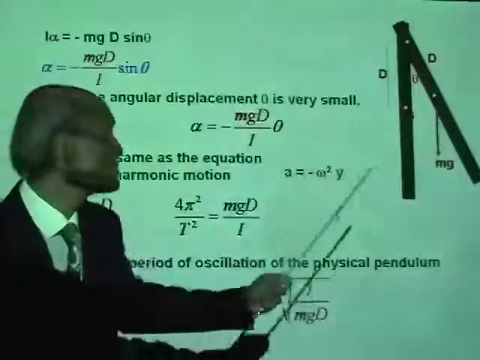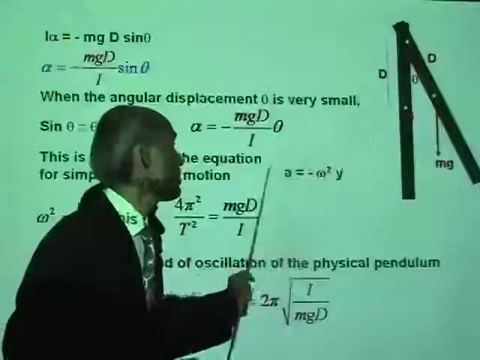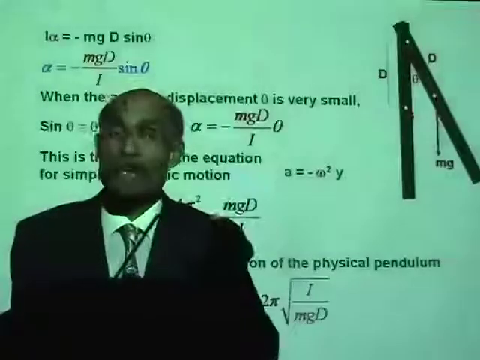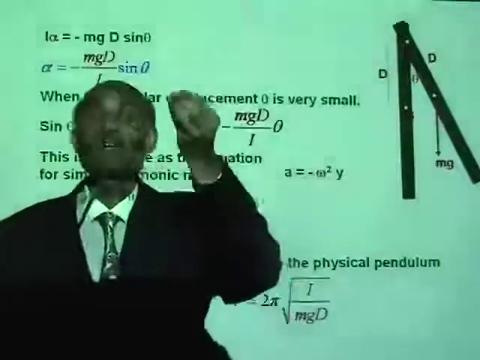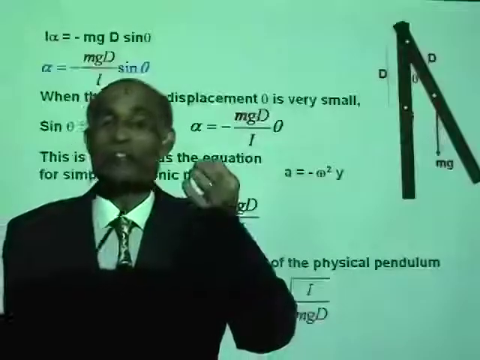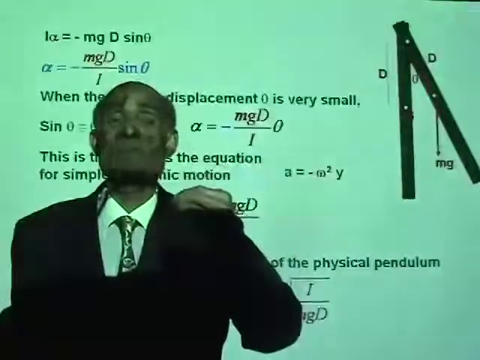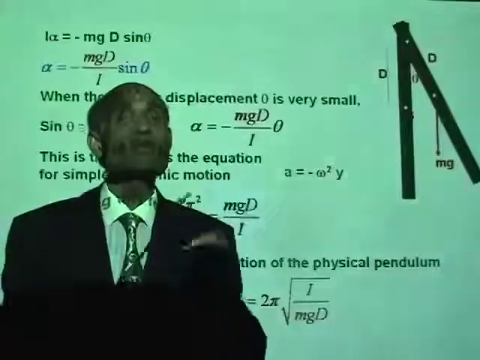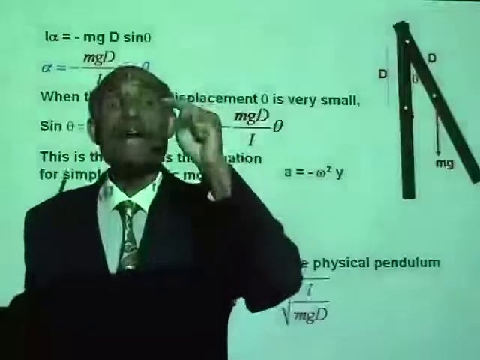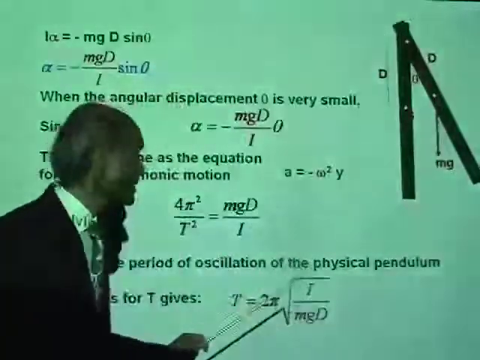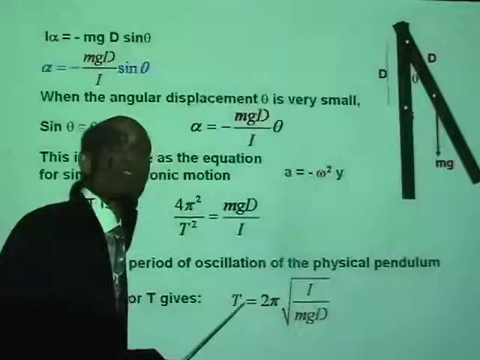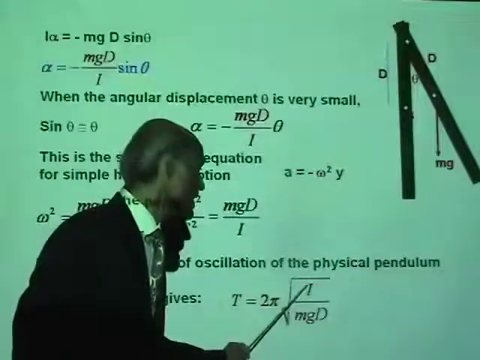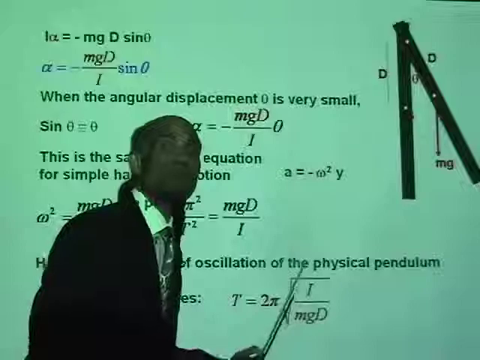The general equation for acceleration of a simple harmonic motion, the equation for the period of oscillation of a loaded spring, T equal to 2 pi square root of m over k, the period of oscillation of a simple pendulum, T equal to 2 pi square root of L over g, and now the period of oscillation of a physical pendulum, T equal to 2 pi square root of I over mgd.